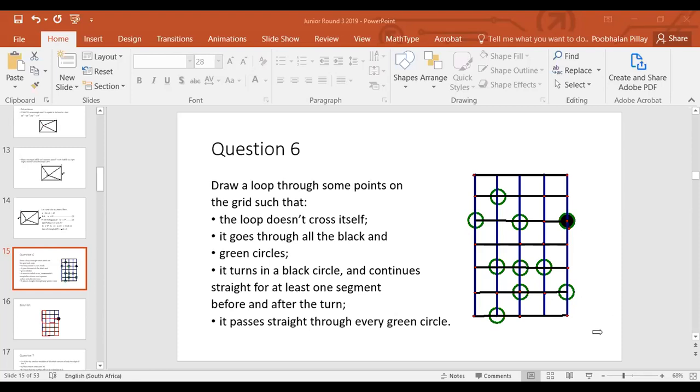So there should be 2 dots before you turn.